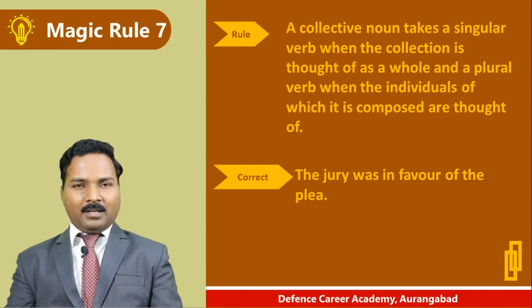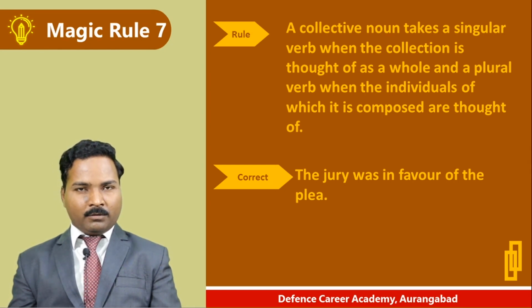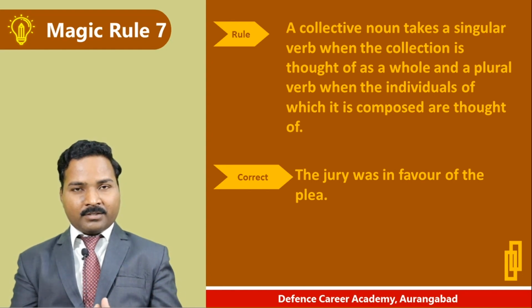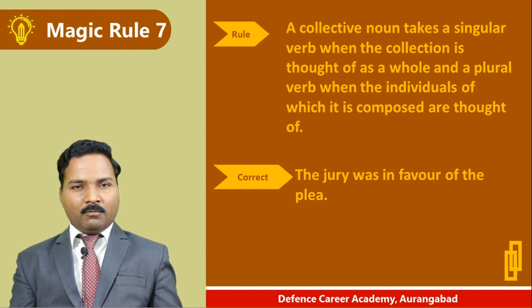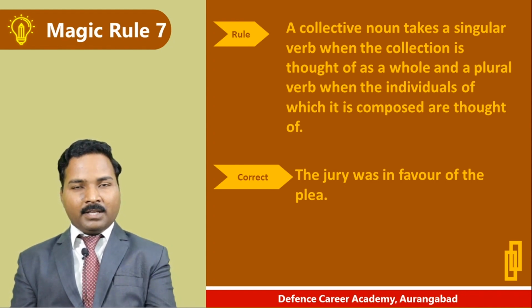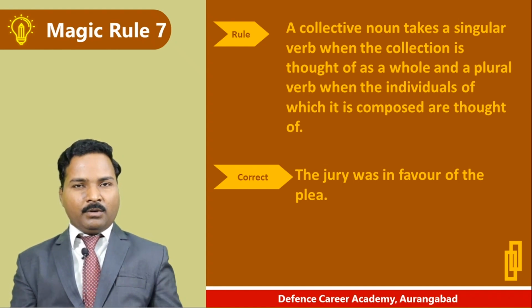It means that all of the members of the jury had the same opinion about the plea and they were all in favor of the plea. This means that all members are having a sense of unity in them. Okay. Means when we use a collective noun in this sense to refer to the members of the group collectively, when all of them are behaving as one group, the verb should be singular in form.